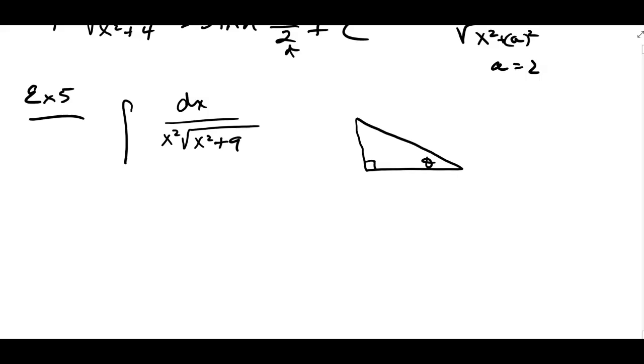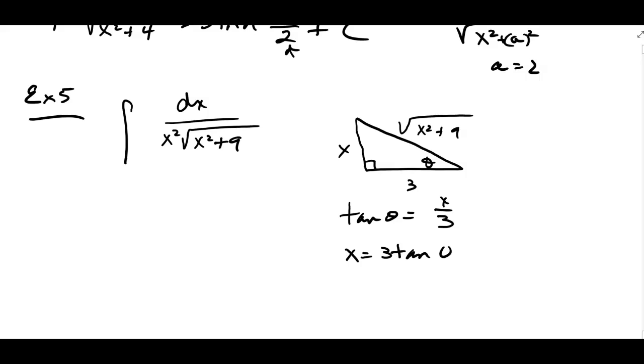I'm going to put alpha there. Clearly, x squared plus 9 is going to end up as the hypotenuse, which gives me a 3 and an x here. I'm going to go through these trig functions a little quicker this time. Tan theta is x over 3, so x is 3 tan theta and dx is 3 secant squared theta d theta.